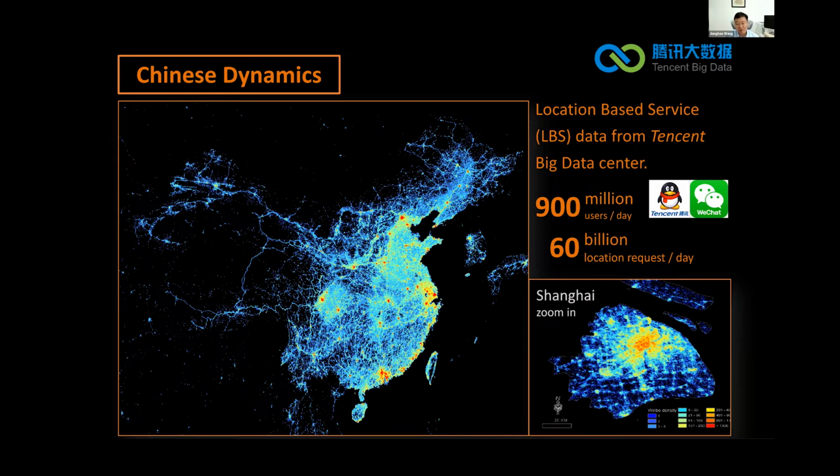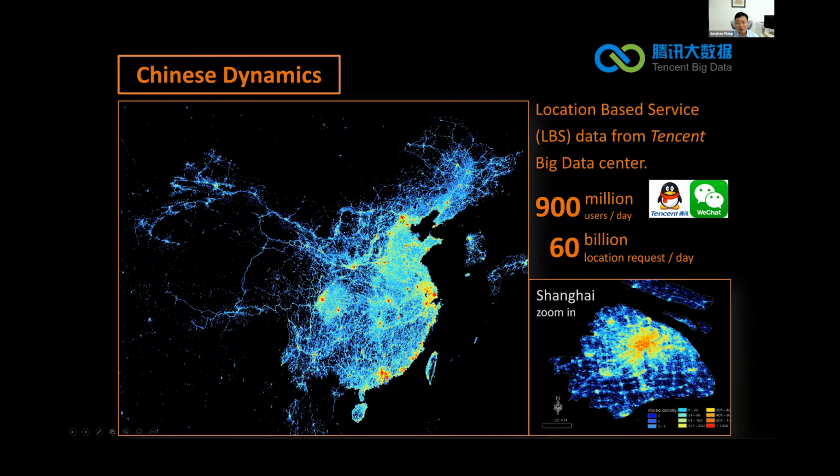Now Tencent has more than 900 million users per day, and they generate over 16 billion location requests per day. It provides a valuable data source to study human behaviors over space.